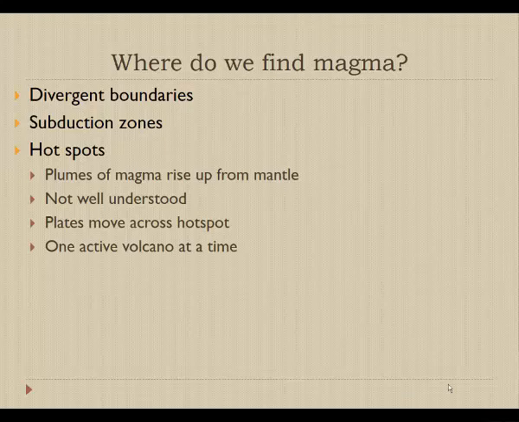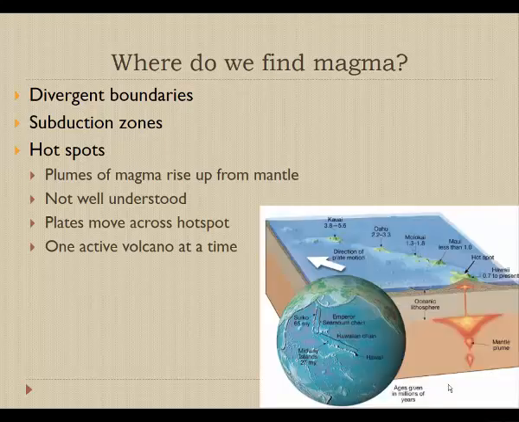But there could be evidence of other locations in a lithospheric plate that have been above hotspots in the past, and so there might be ancient, older volcanic material that was created by those hotspots in past times.